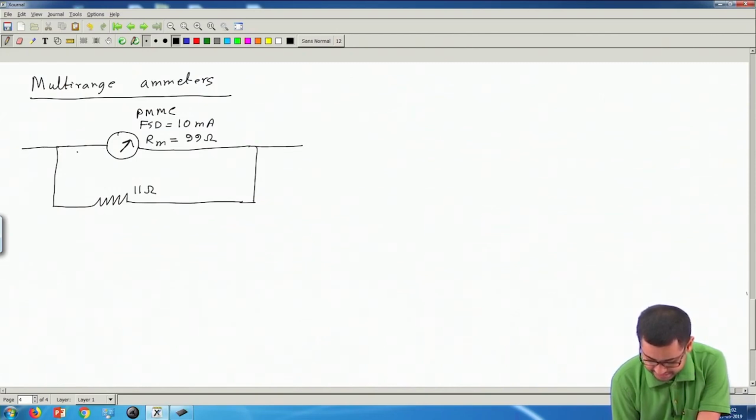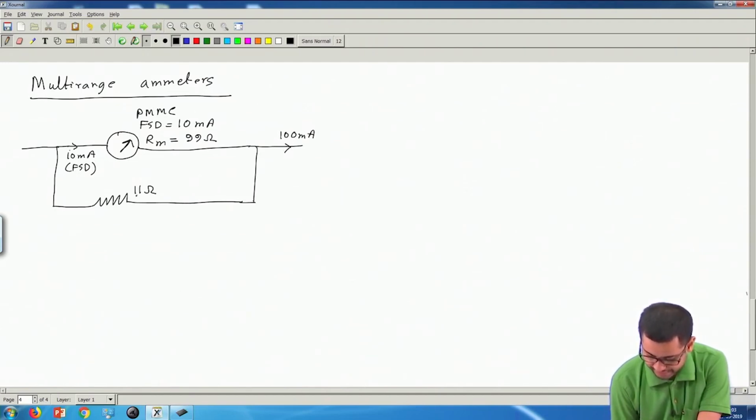when this current is 10 milliampere, that means we have full scale deflection, okay, then this current becomes 100 milliampere.